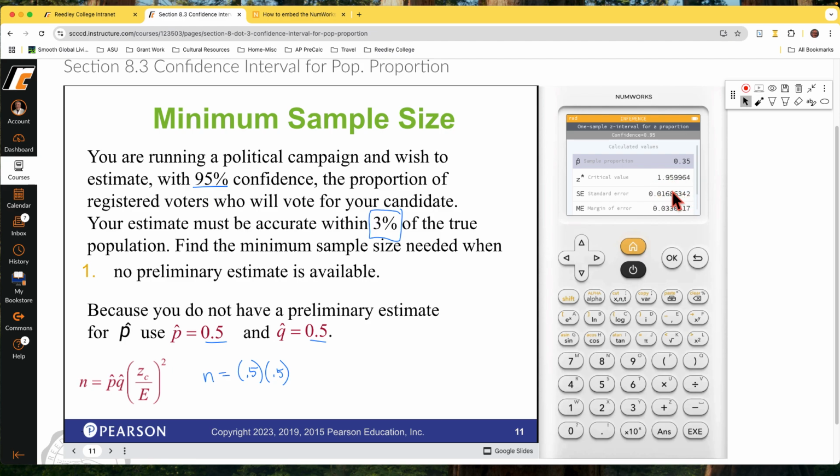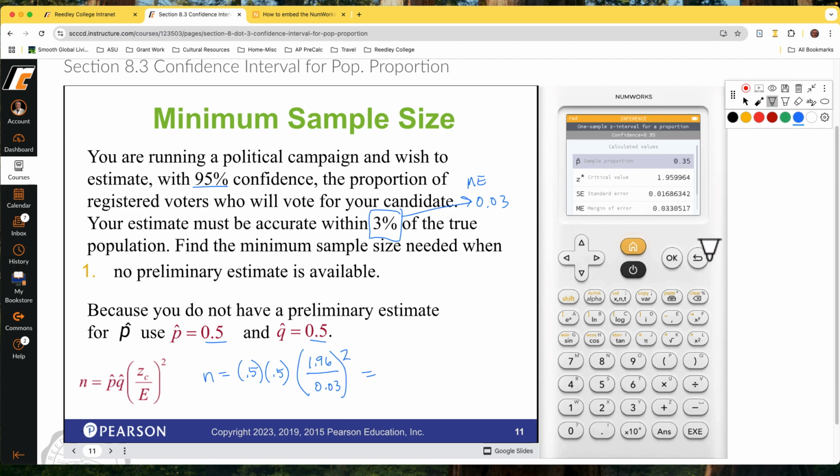It's always going to be the same for a 95% confidence interval. So then we've got 1.96 divided by the margin of error, which is 3%. As a decimal, that's 0.03. Then we square that, and that will give us our value.